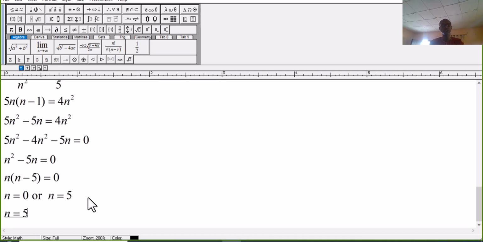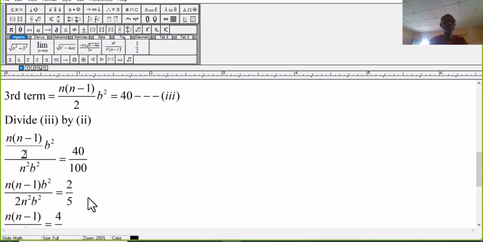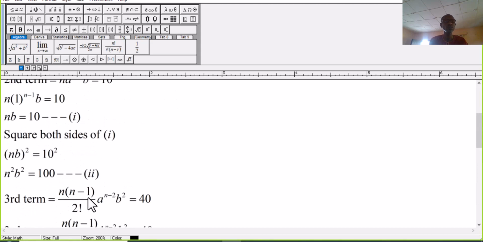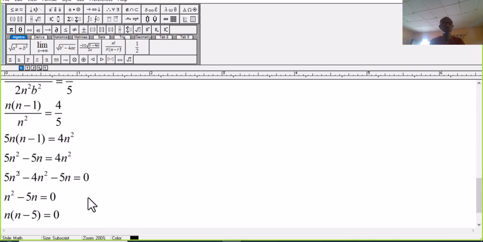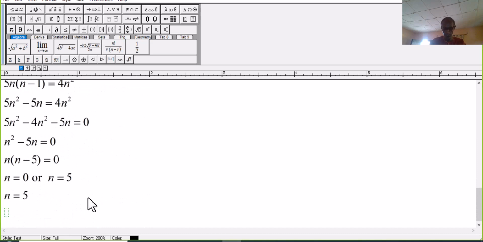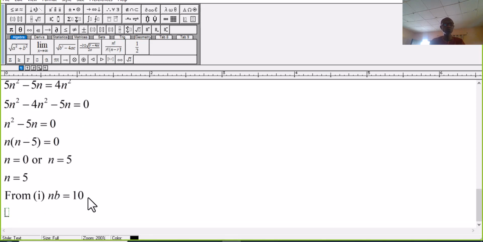So we need the value for our b. So since we know from equation 1, substitute 5 for n in 1.